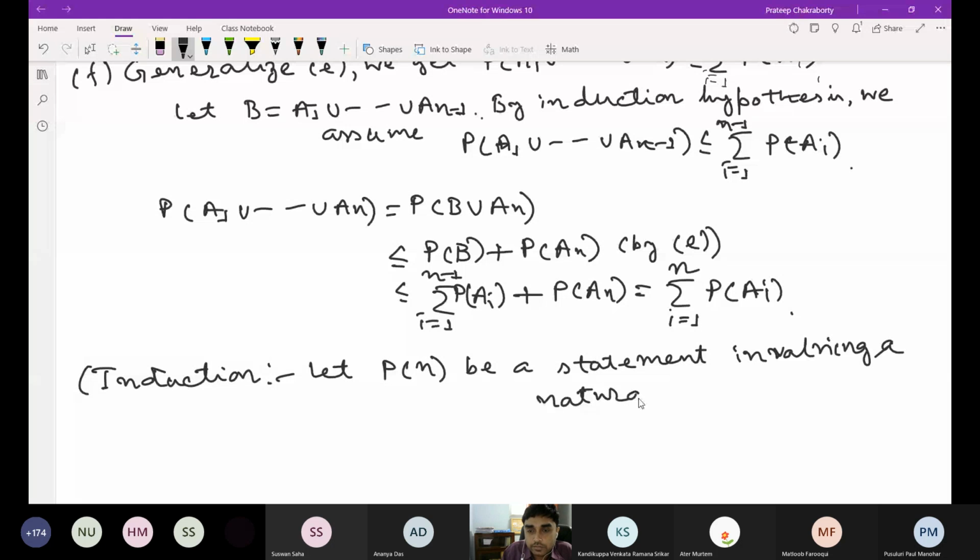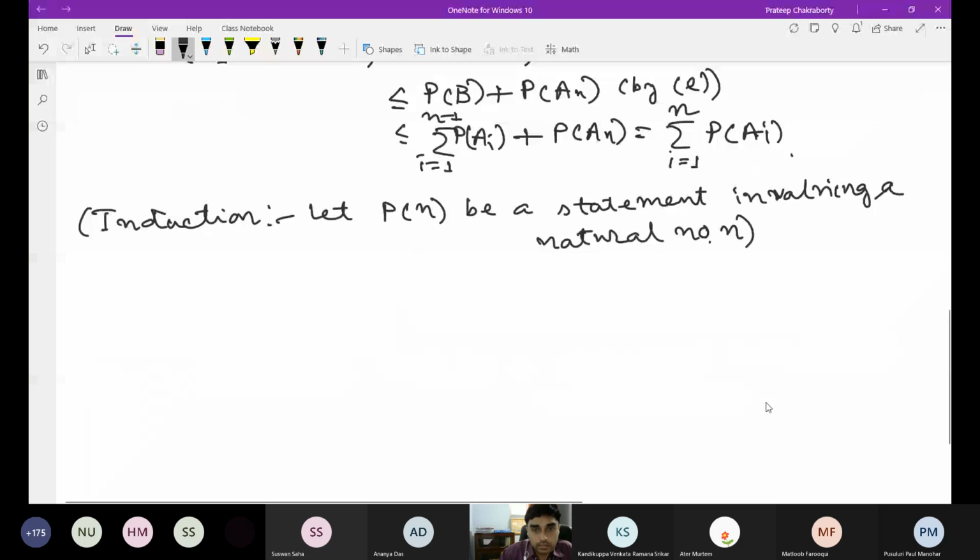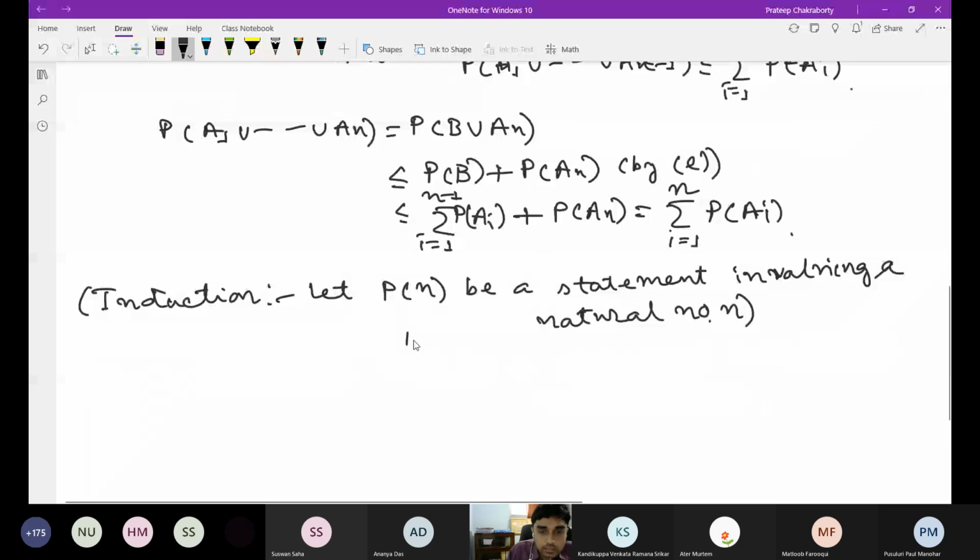So natural number starts from 1, goes up, 1, 2, 3, 4, 100, 1000, this way. So a statement, like what is a statement? So suppose this thing, this equal to, this is one statement.